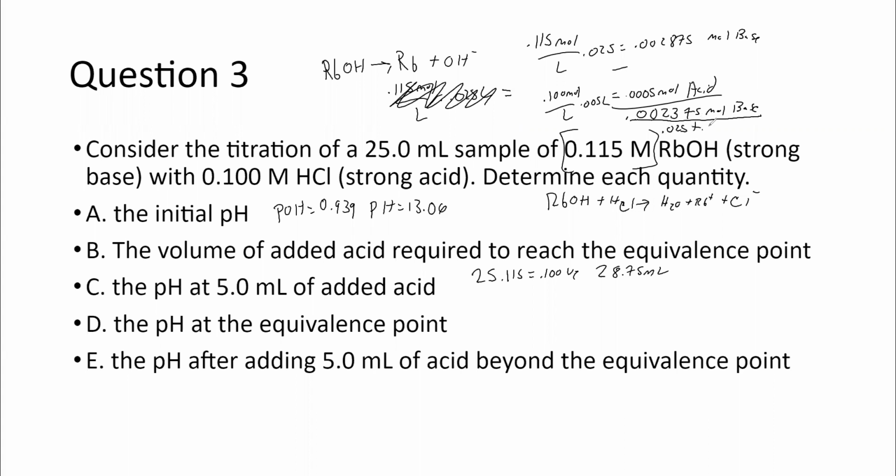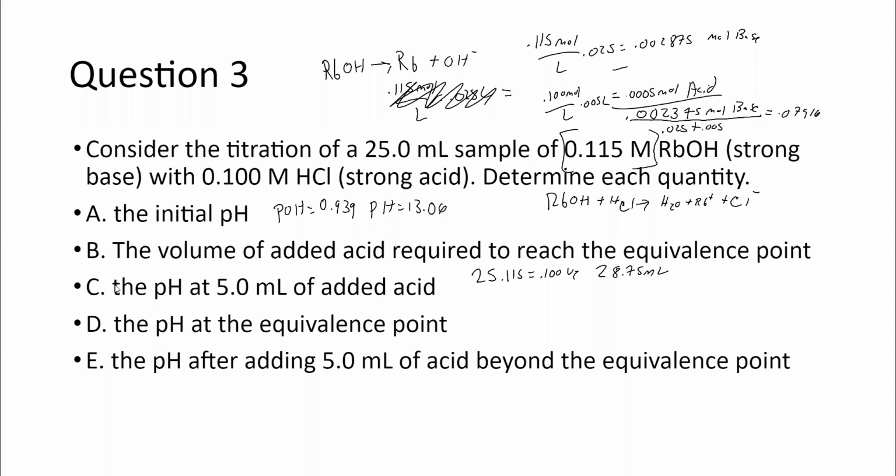I just added 5. So my total volume now is 30. So I'm going to divide that by my 30 milliliters. And my concentration of base is 0.07916. Remember, this is a strong base, so it's going to react completely. We don't have Henderson-Hasselbalch here. This is just my concentration of OH- at this point.